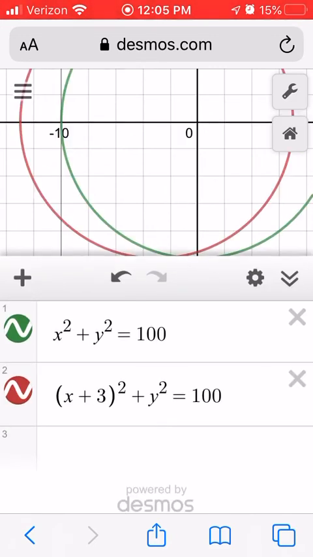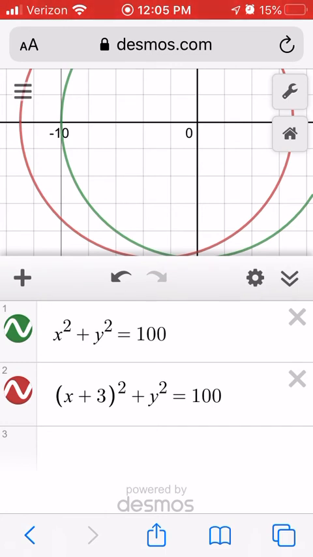There is a connection between the -3 being the center of the circle, and it's -3, 0, and this formula. And it's that you can replace this x here with a -3. -3 plus 3 would give you 0, and that takes you back to the original standard equation.